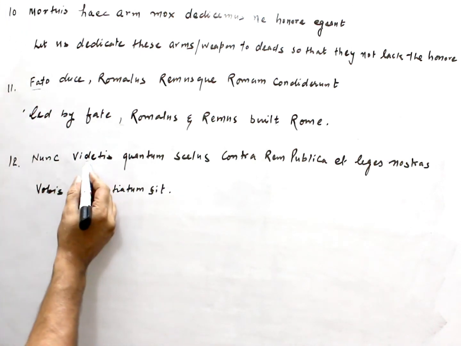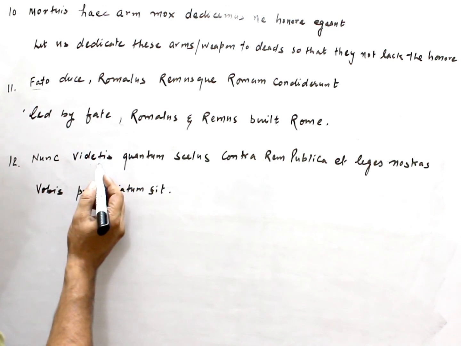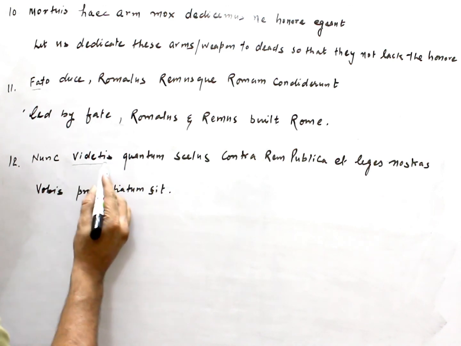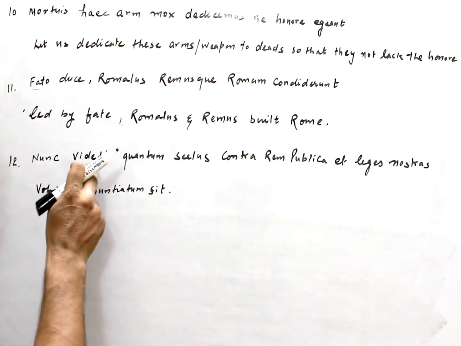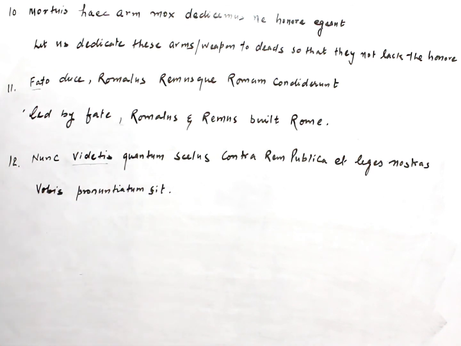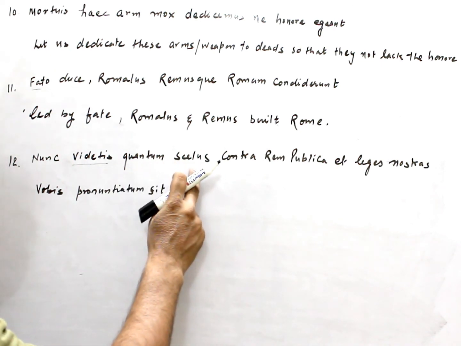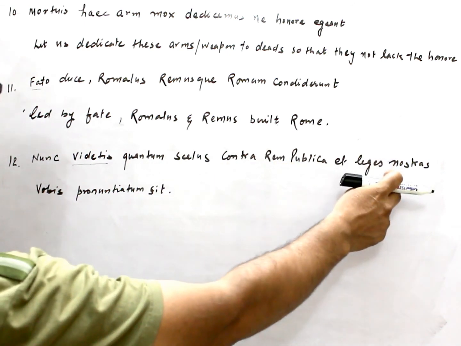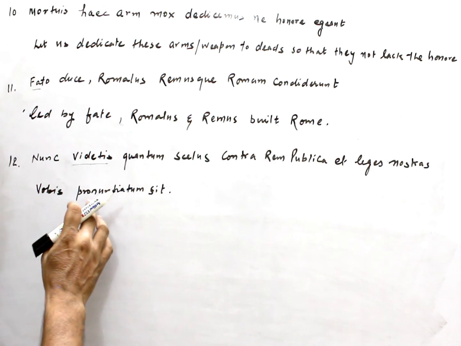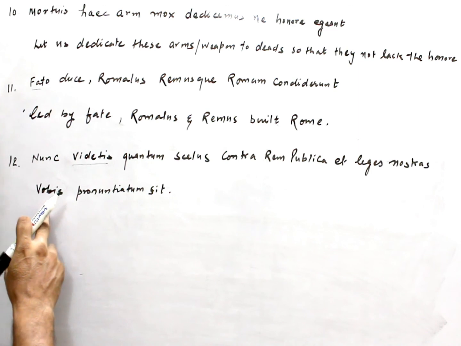Now you videtis, that means you will see. This is actually you see. Now you see how much weakness or evil against the country and our law have been pronounced to you.